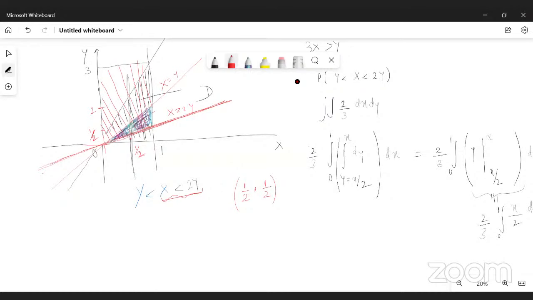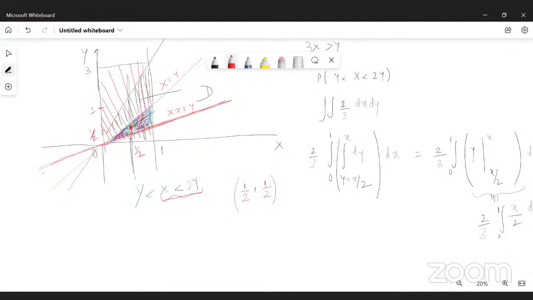If you take any pair x, y, so if we have taken x equal half and y equal half here, is this graph correct? This will be 1/2, right? If you take any point here, it will be somewhere in this region.